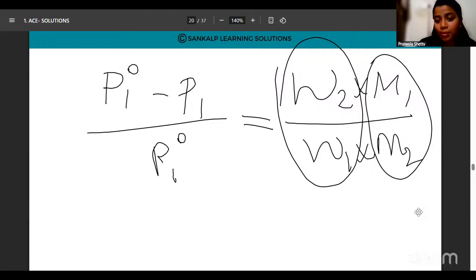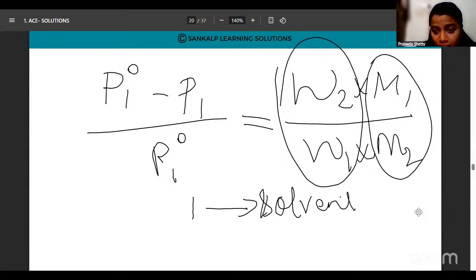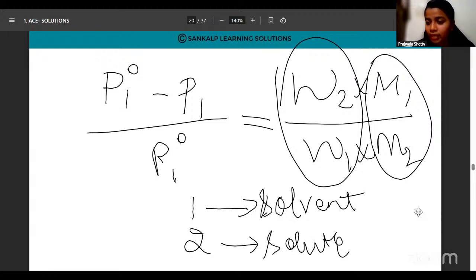Respectively in the sense, what I meant is that 1 is the solvent, so W1 and M1 are for the solvent, sorry, solvent. Whereas 2 is the solute. Generally they ask you to find the molar mass of solute in your numericals. In that case you transpose all these terms with respect to M2.